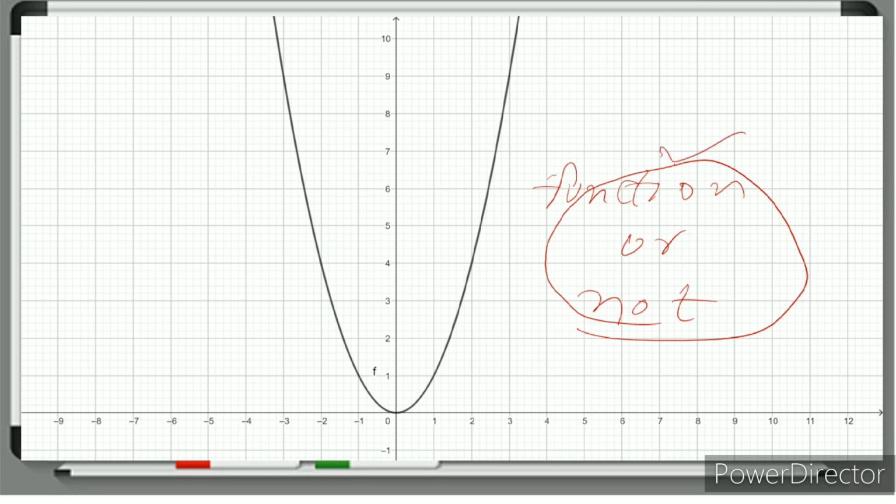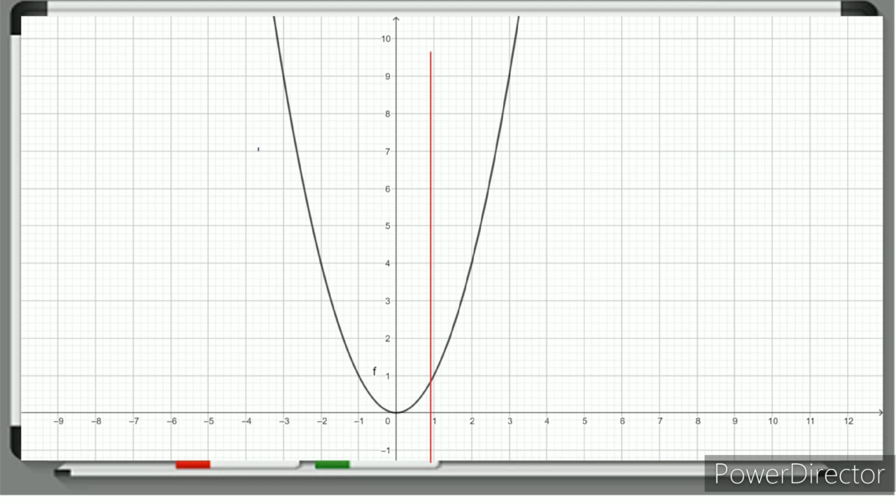That means it will not be a linear function. If it is a function, it will be a non-linear function, because you know a linear function means it will be a straight line. Now we'll do the vertical line test.